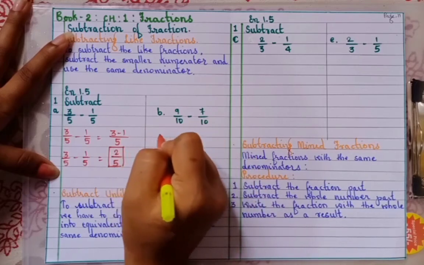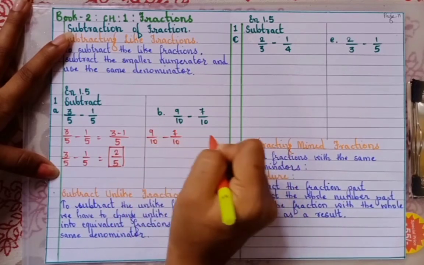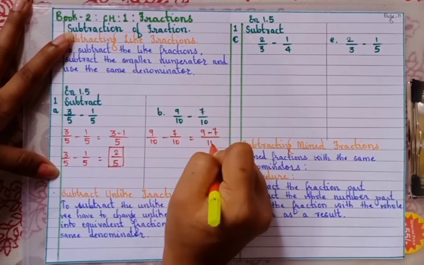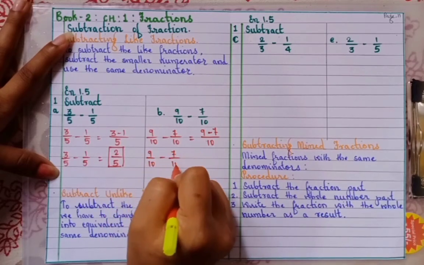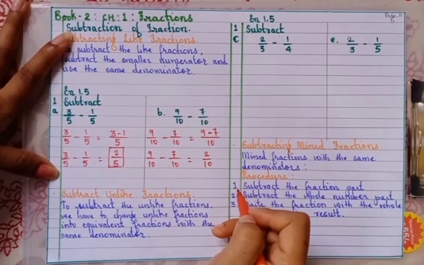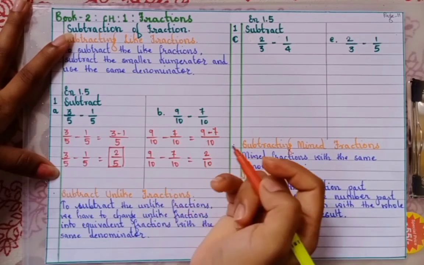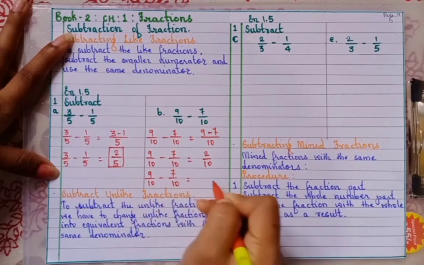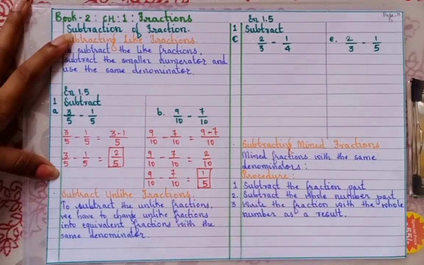Similarly, for the next problem, 9 by 10 minus 7 by 10 equals 9 minus 7 upon 10, which is 2 by 10. And you know 2 by 10 can be further divided by 2, isn't it? So we reduce it to the lowest term: 1 by 5. This is the reduced term.